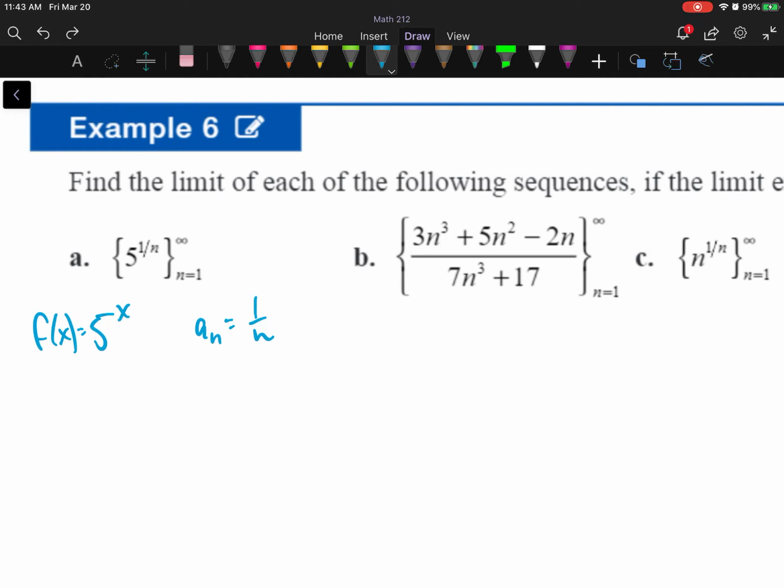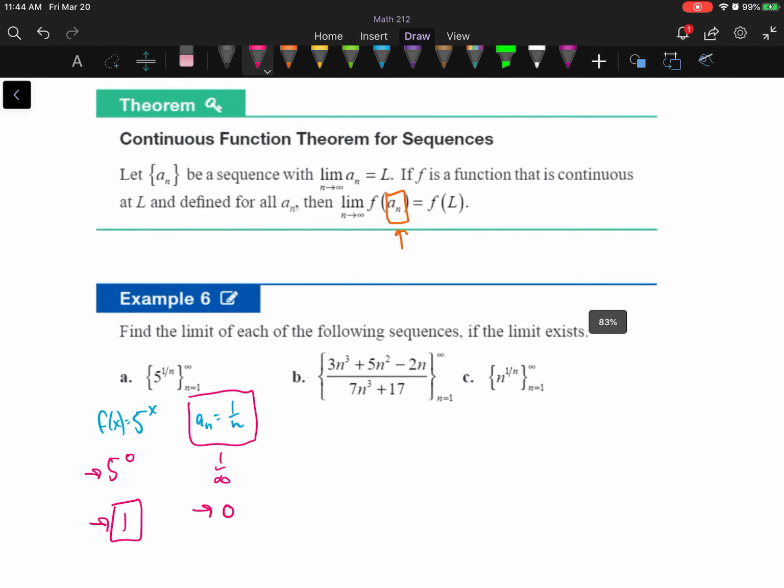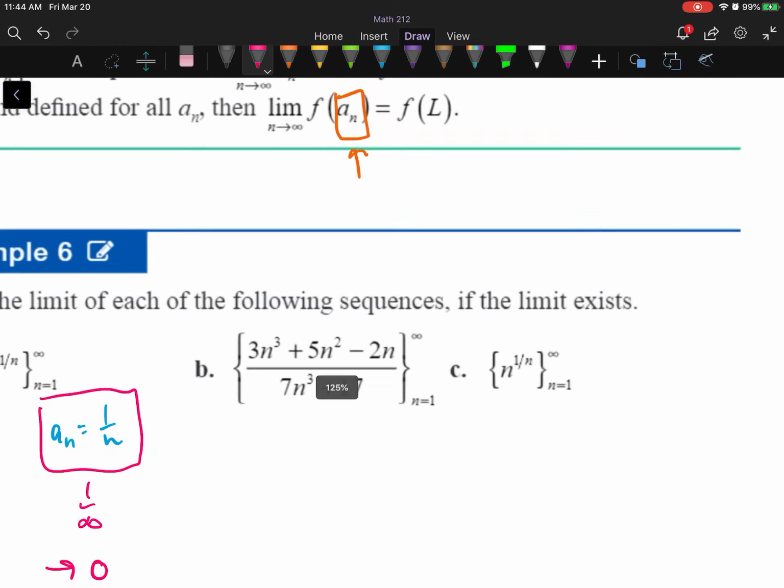If we look at what the sequence does as n goes to infinity, we get something that looks a lot like 1 over infinity, or this thing approaches 0, right, as n approaches infinity, which means that this overall sequence approaches 5 to the 0, which means that we approach 1 in the end. So yeah, that was actually an instance where we technically used this theorem, the continuous function theorem, for sequences. But that kind of makes it seem harder than it actually is.